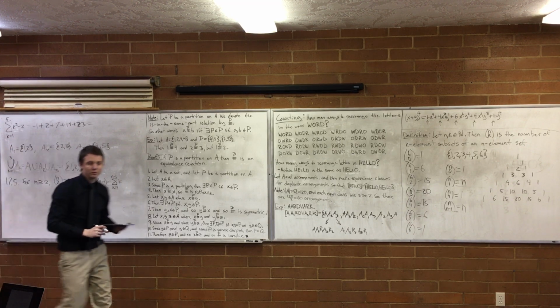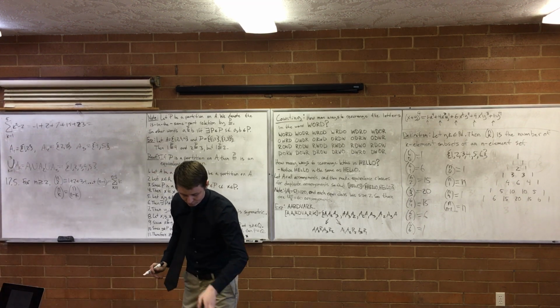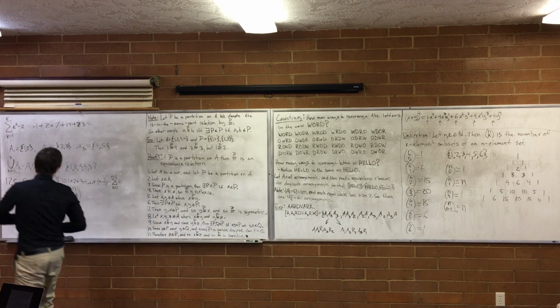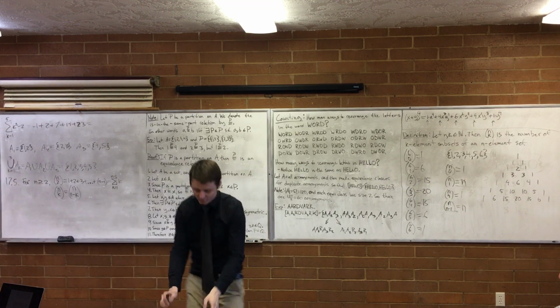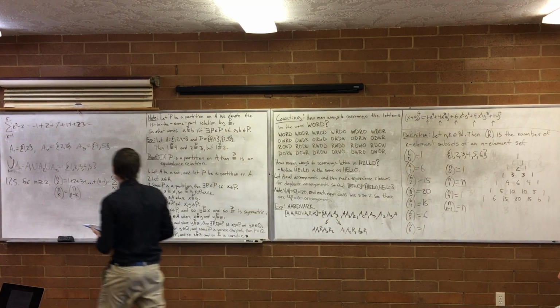That's the symmetry that we noticed. Choosing k elements from n can be viewed the same as choosing k elements to stay behind from n. Right? That doesn't make sense.